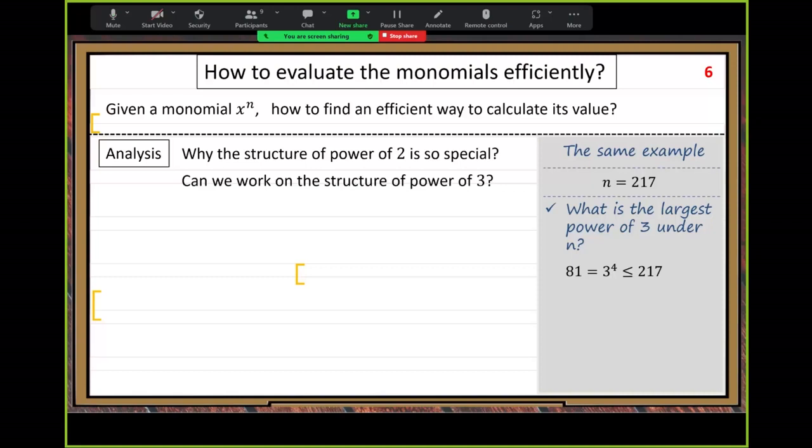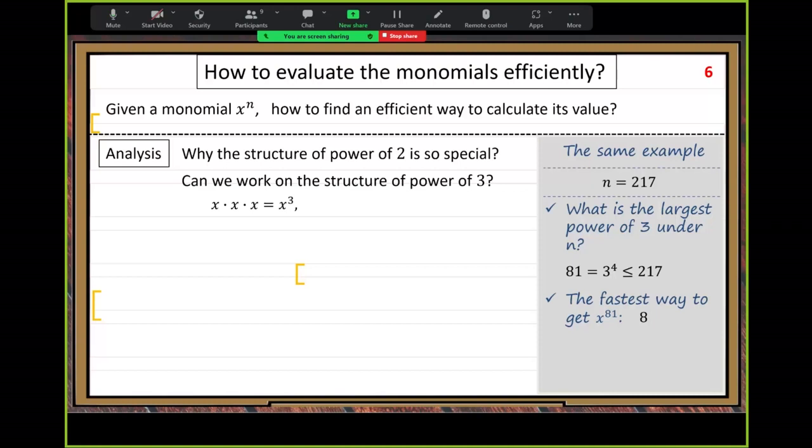So then the fastest way to get x to the 81st takes 8 multiplications. Why is that? Let me show you the detail here: how to get x to the 81st using 8 multiplications.